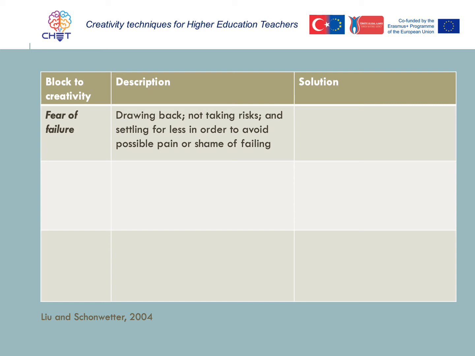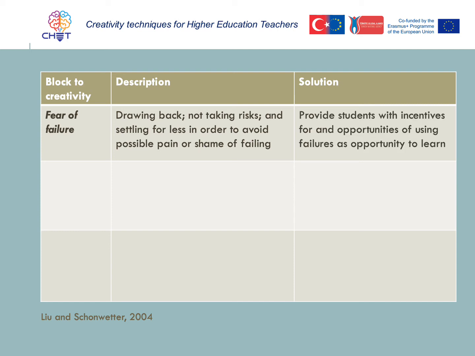And it doesn't matter if it's in an assignment where you ask for some creative input, or if it's an in-class activity, students fear failing and therefore will not give the full 100% when it comes to creativity. And what can you do to overcome that?